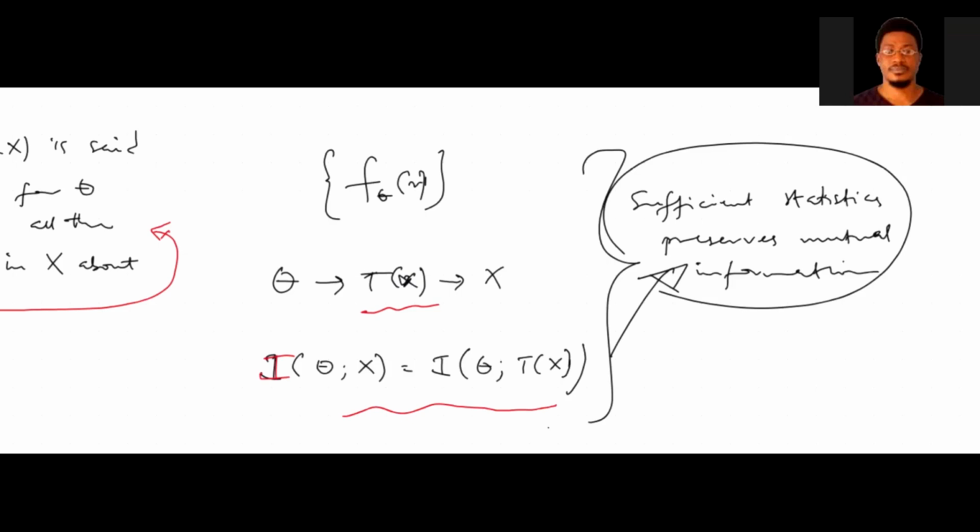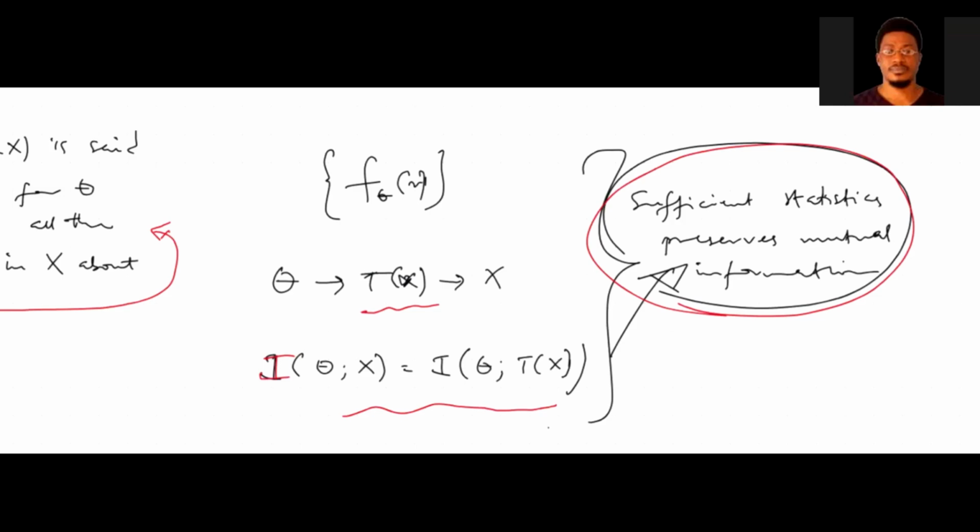Now, technically, this is the same as the condition for equality in the data processing inequality, that the mutual information between theta and X is the same as the mutual information between theta and T of X. If truly this equality holds, then this is what we have for all distributions of theta.